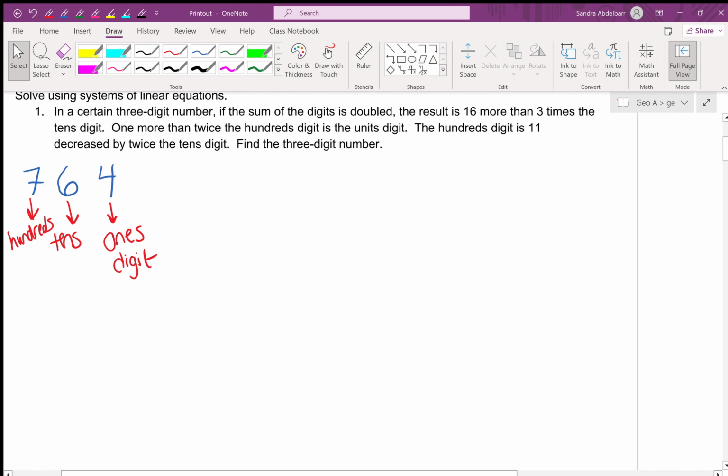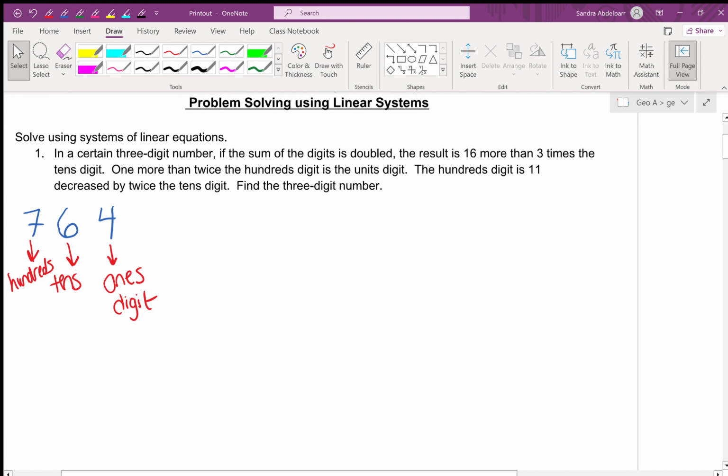Right. So in a certain 3-digit number, the sum of the digits. So really, they're just talking about each of the individual digits, right? The ones digit, the tens digit, the hundreds digit. Are they talking about the value of these digits? No, they're just talking about the digits.